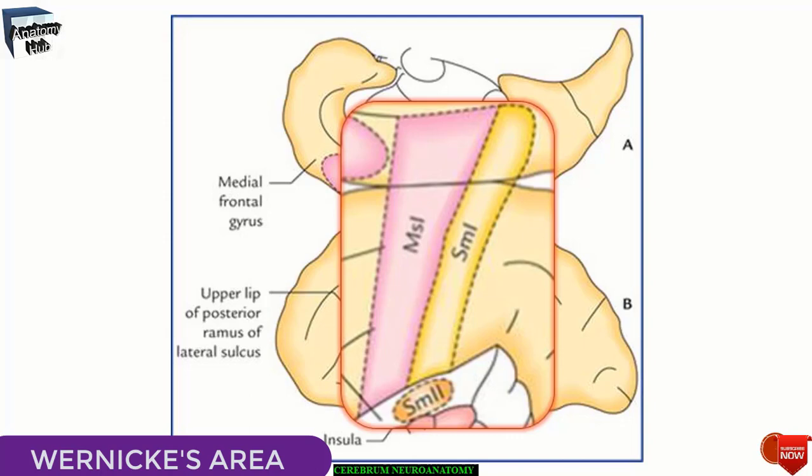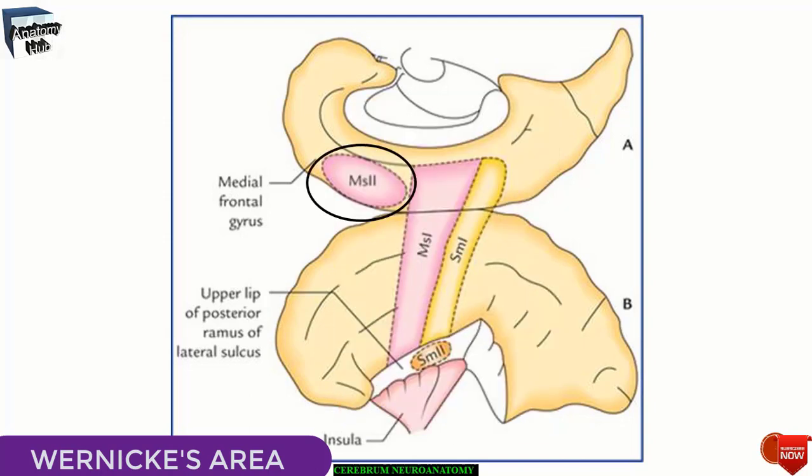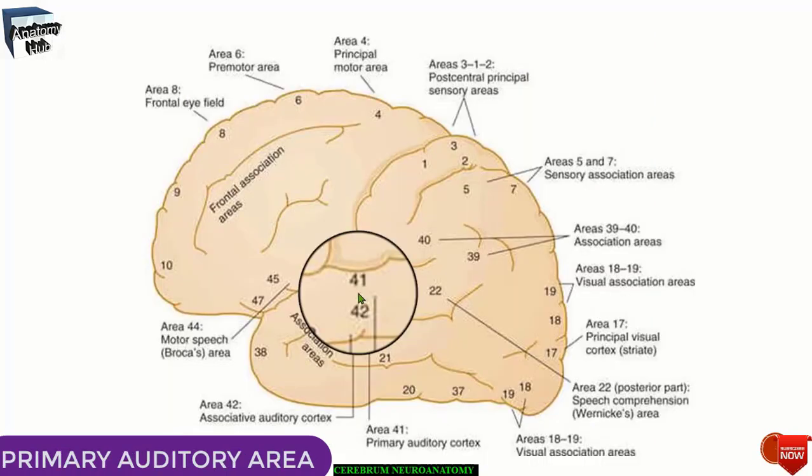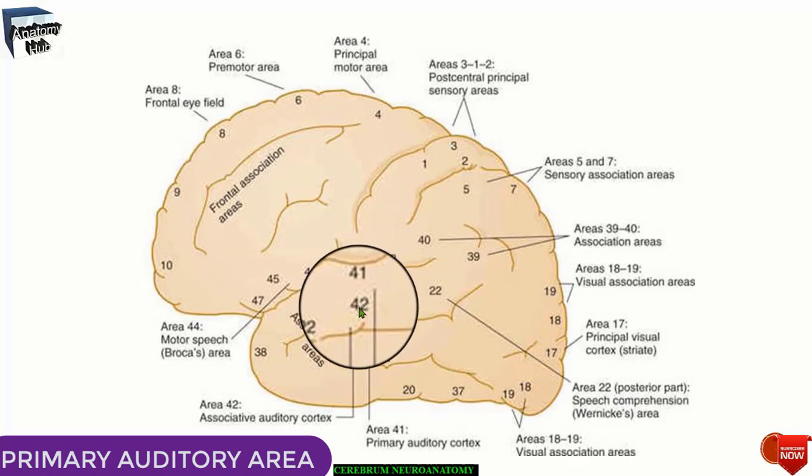And according to the relative significance of their functional attributes, the primary somatomotor area is abbreviated here as MS1, and the supplementary motor area is abbreviated MS2 over here, and the first somatosensory area, as you can see here, is SM1, and the second somatosensory area is abbreviated as SM2 over here. Then you can see the functional areas in the temporal lobe.